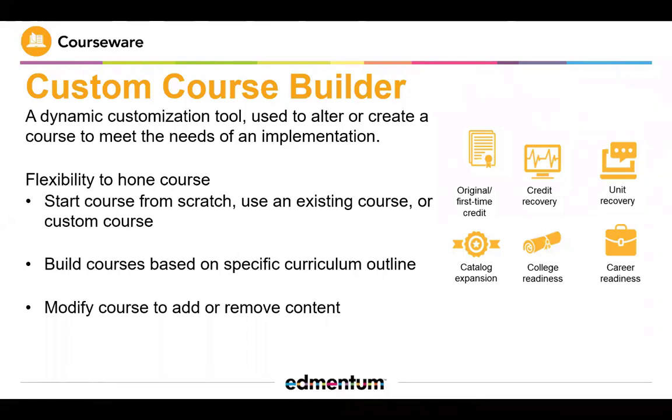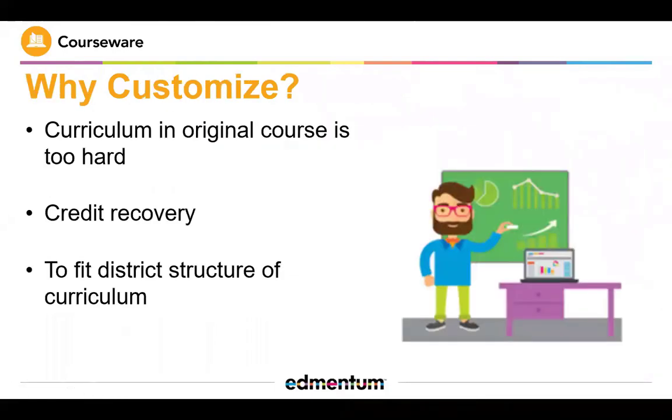So with that said, you may be wondering, why would you want to customize your course? Here are just a few reasons that we hear around why customers have been wanting to customize their courses. One of the reasons that I hear a lot is that the original course is too hard, which I want to point out here that our courses are aligned to state standards.